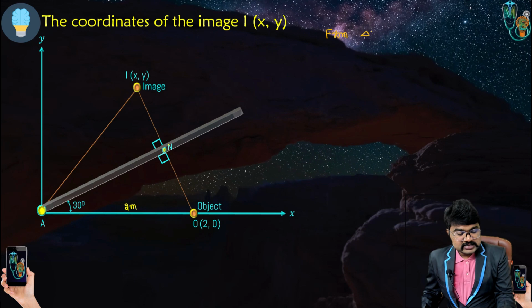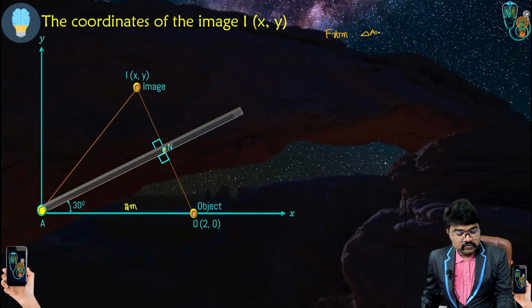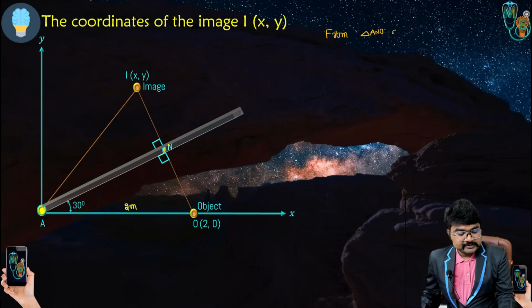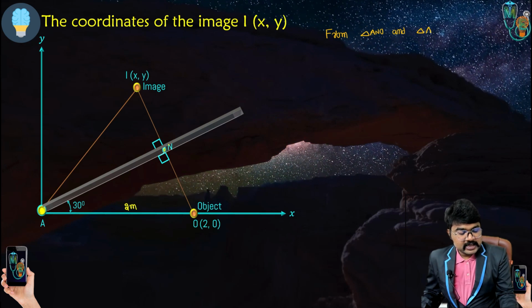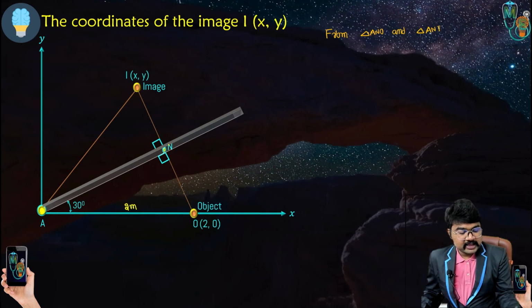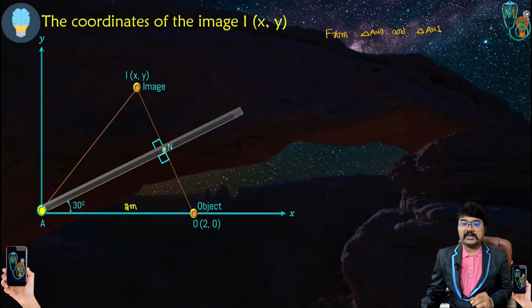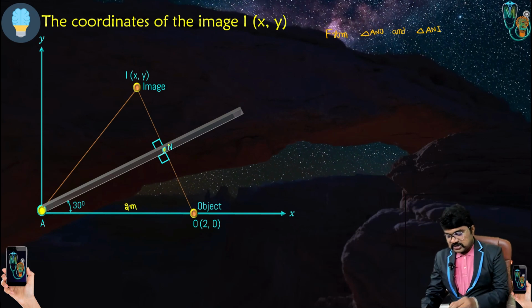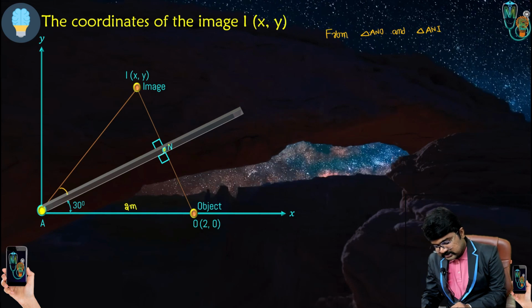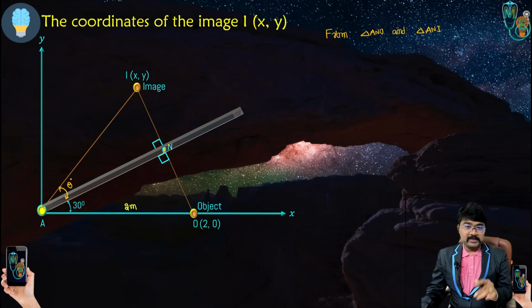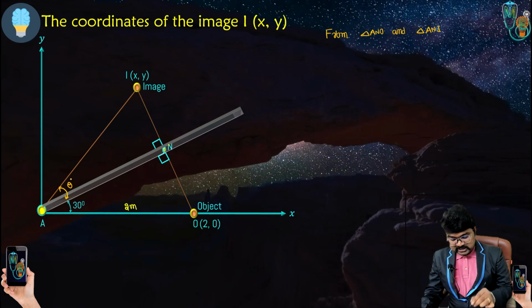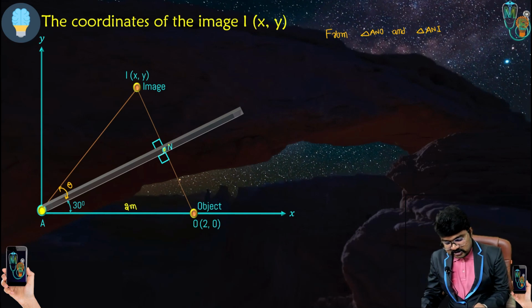Here you don't know this theta. This particular angle you can assume as theta. For the time being you don't know theta. From triangle ANO, here it is L.